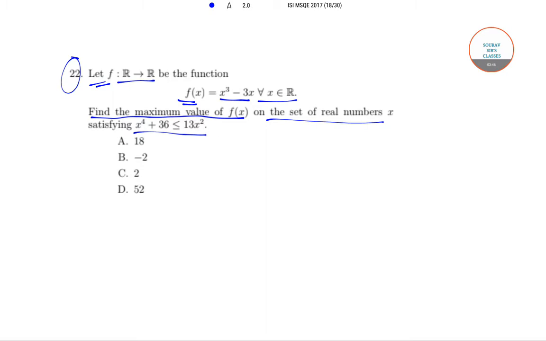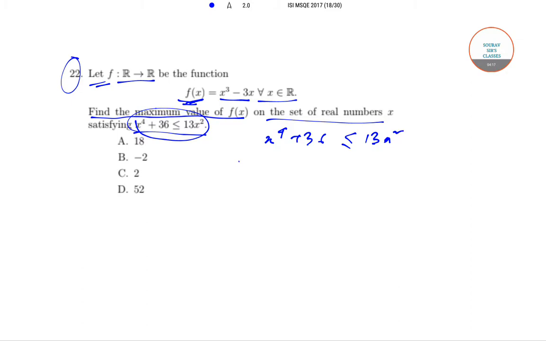So basically we first need to find out the values of x which satisfy this inequation, and on the basis of those values of x we need to find out the maximum value of f(x) in that range of x. So first we have to find out the values of x which satisfy x^4 + 36 is less than or equal to 13x^2.